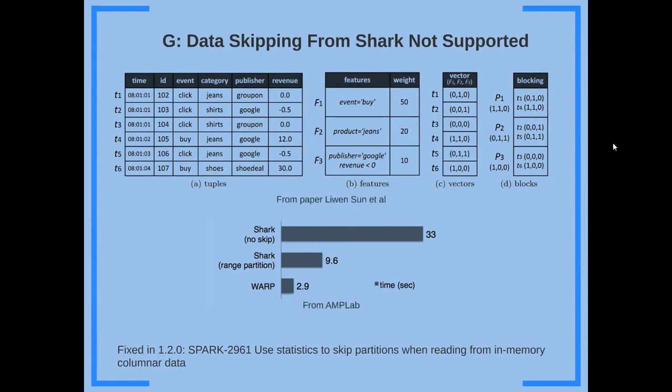One of the nice advantages of Shark, besides the obvious caching that Shark brought to the table, was this concept called data skipping, which I believe was invented by IBM. It's kind of a reverse index thing where, based on your query, it can completely discard what it calls data blocks altogether.